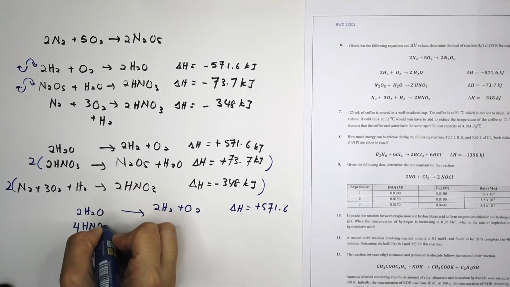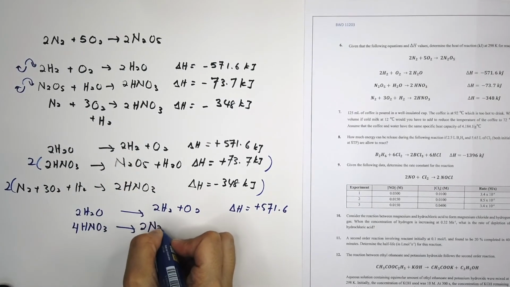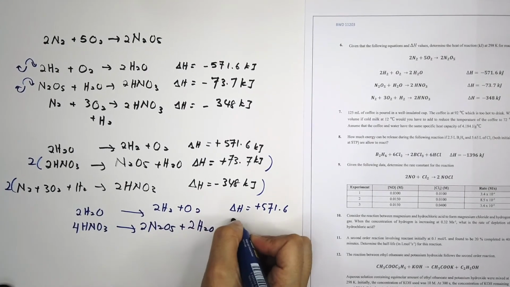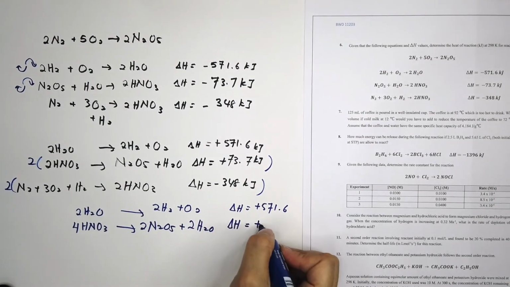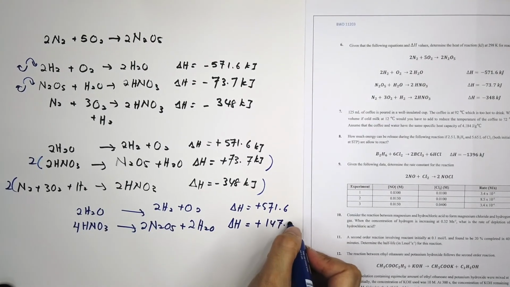4HNO3. So you shall get 2N2O5 plus 2H2O, so your delta H is equivalent to positive 147.4.